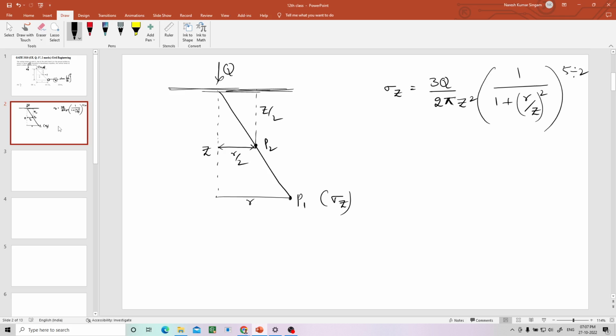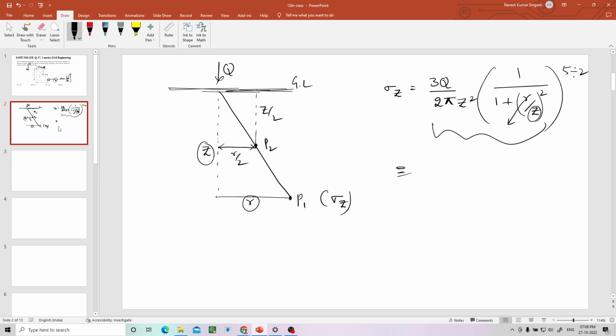Let us put these values r and z. Here, r means the horizontal distance from the line of application of the load. Z is the depth at which the point is, the vertical distance from the ground level. If you put these values, you will get the same formula, because from the formula only they have taken these values and given them here.